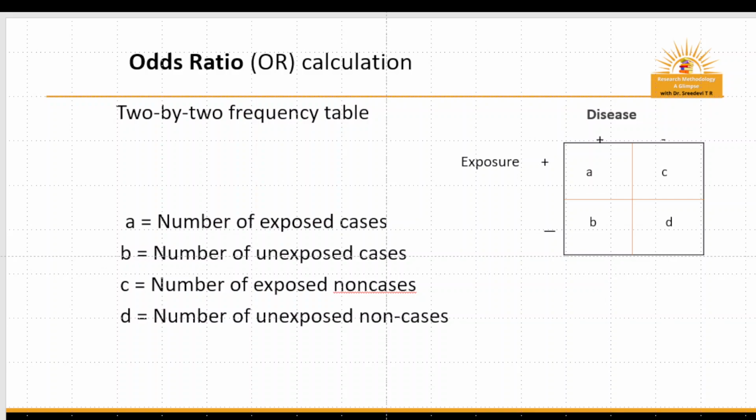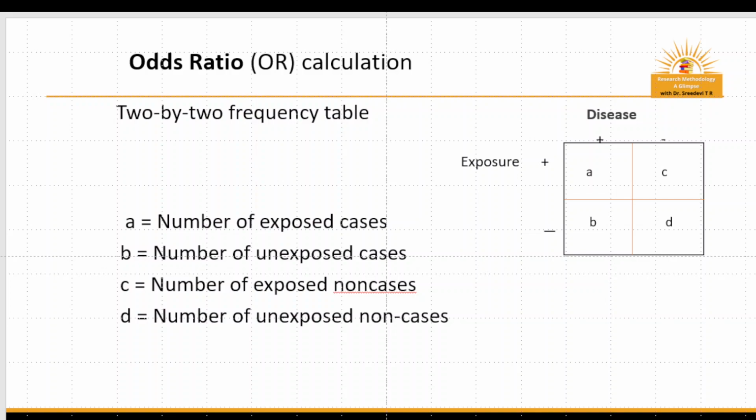The disease plus and minus, exposure plus and minus is shown. In this frequency table, cells are designated as A, B, C and D.